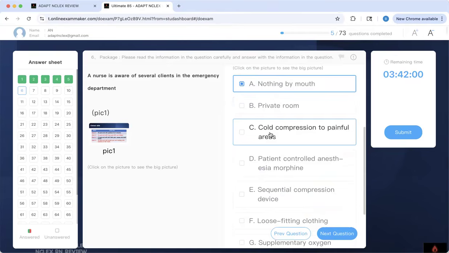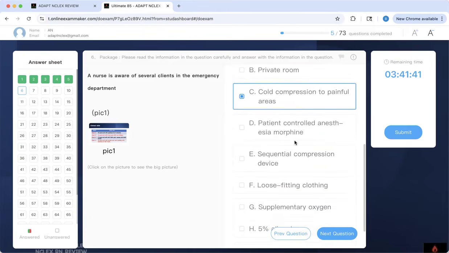They should be given fluid. They should be allowed to drink. You've got to improve their fluid to prevent vaso-occlusive crisis. Which one should you question? They need a private room. They're immunocompromised in this situation. That's good. Cold compression to a painful area will cause ischemia. Patient needs PCA pain medication.